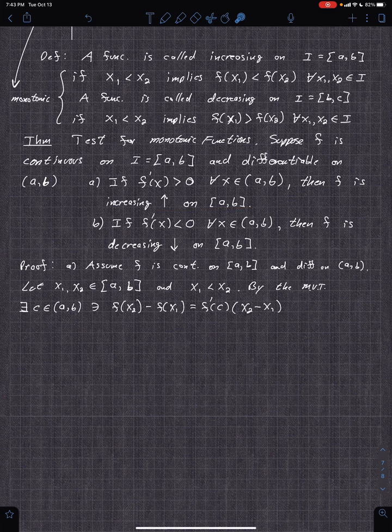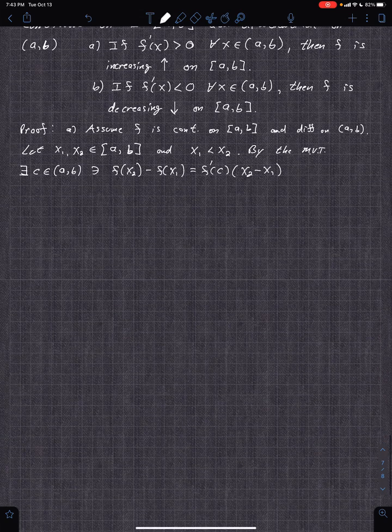Okay, so we're going to make that assumption that it's positive and see if we actually get this implication. We're just going to assert that now because that's what we are trying to see. F prime of C is greater than 0.